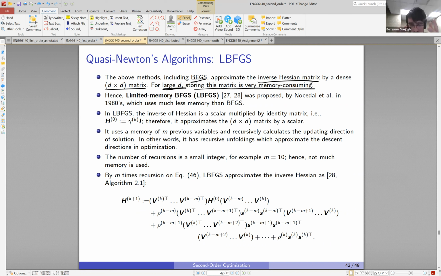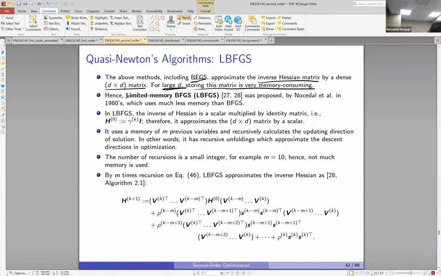So when you have an approximation of the inverse of Hessian, you need to store a D by D matrix. Or if you want to use the approximation of Hessian itself, you also need a D by D matrix. How do you store this matrix in the memory of a computer if D is large? You can't. You will have a memory error in your code.